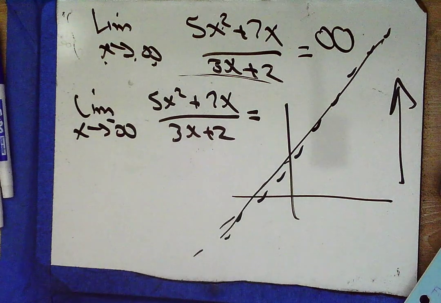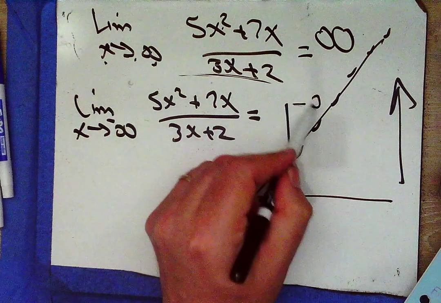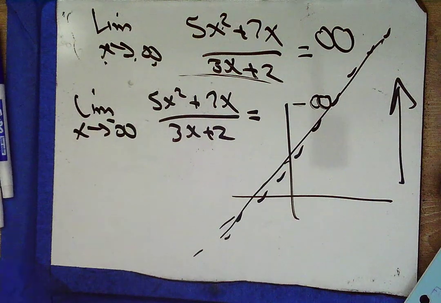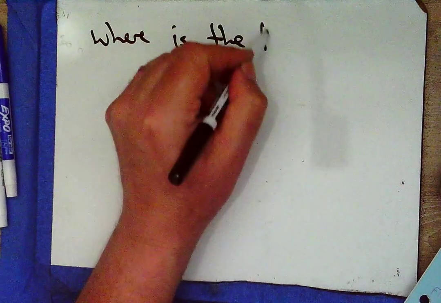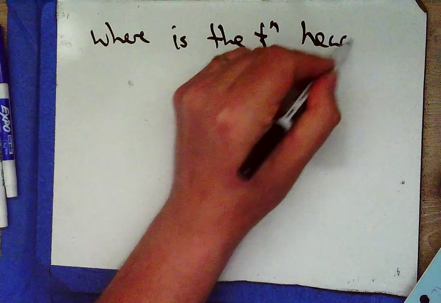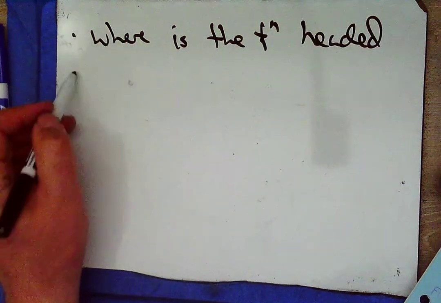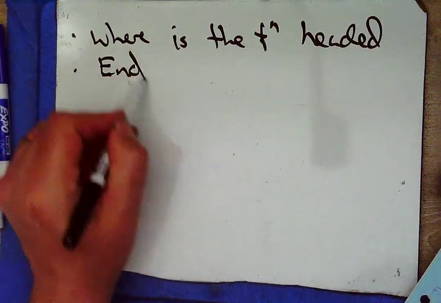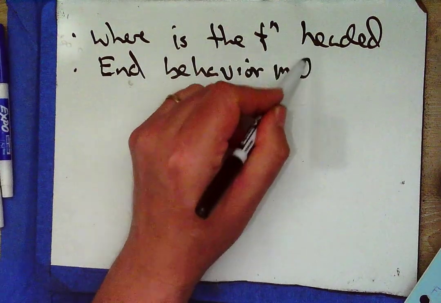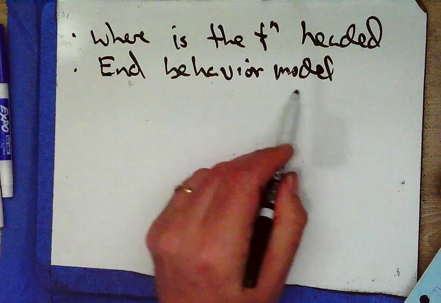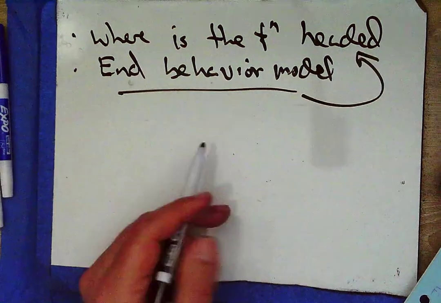Well, that's going to be headed down to negative infinity. So I guess I want to be talking about two things here. I want to be talking about where the function is headed, and I want to be talking about end behavior models. And an end behavior model describes how I get where I'm going.